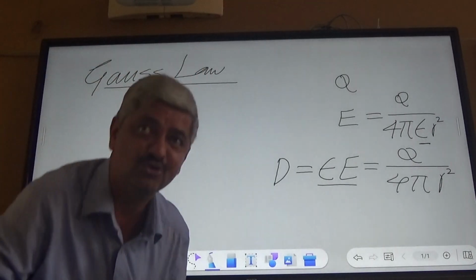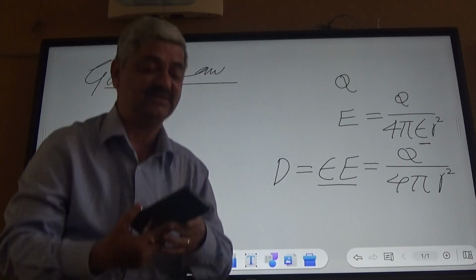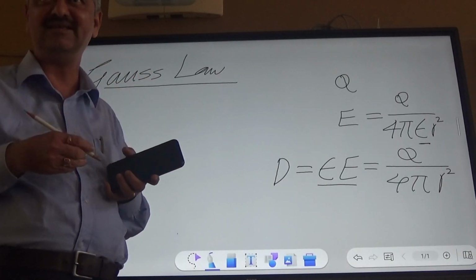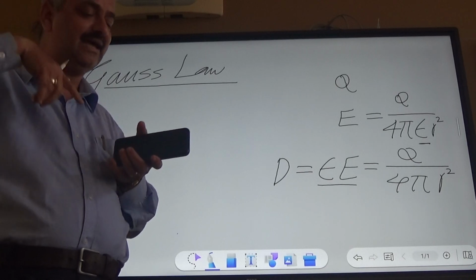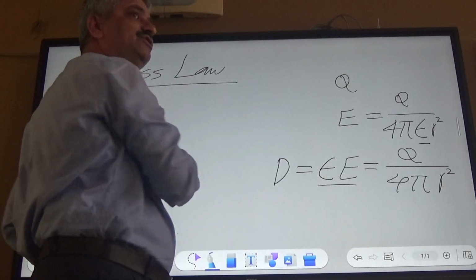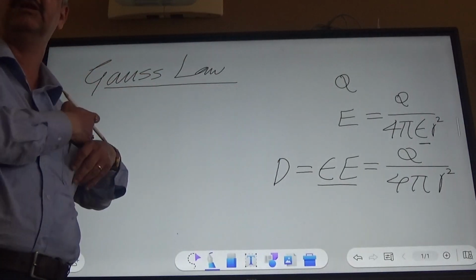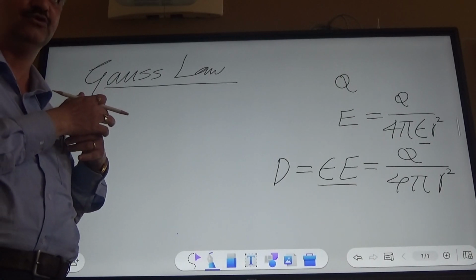But otherwise also, somebody will say, what is direction of the surface? Outwards. Then if I only consider this board as a surface, that's all. This white board what you see is a surface. It's not a closed surface. It doesn't enclose anything.